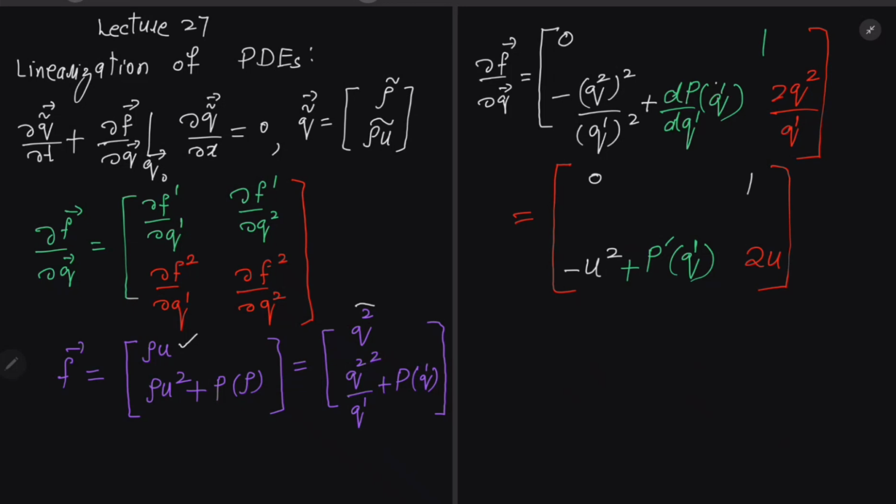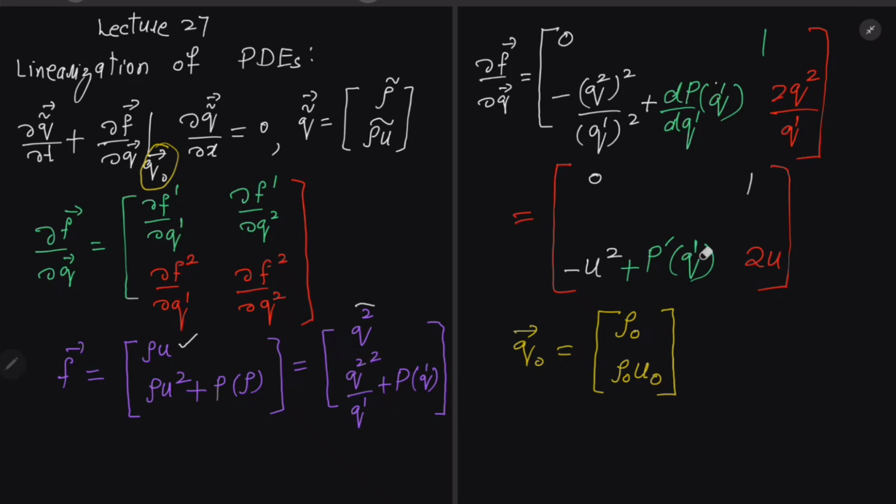So we finally have to put in the vector q naught. What does it mean? Wherever we have rho, we replace it with rho naught, and wherever we have rho u, we replace it with rho naught u naught.